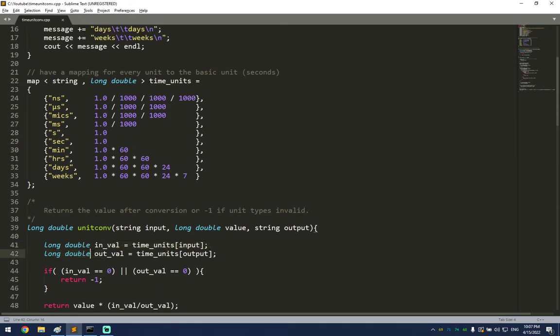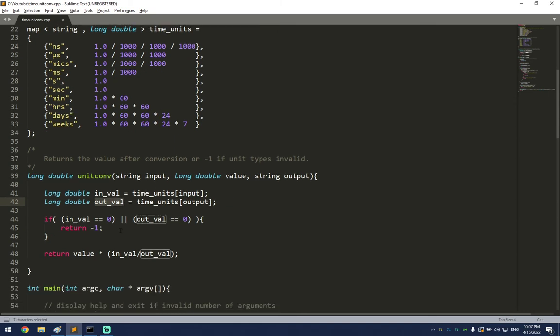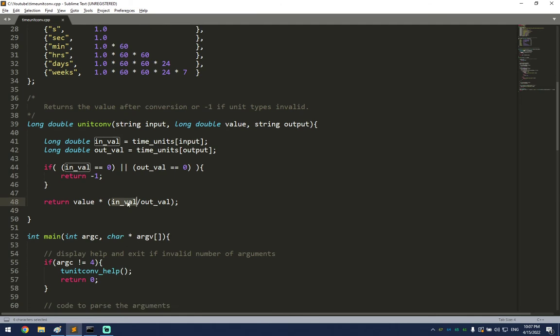And the same goes for the output. Just notice here that if they are equal to 0, we're returning -1 because we do not want to divide by 0. And if our value equals 0, then we cannot really convert it, it's essentially 0 time equals 0 time, right?